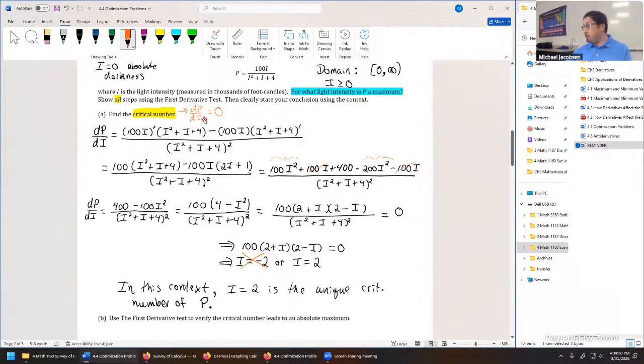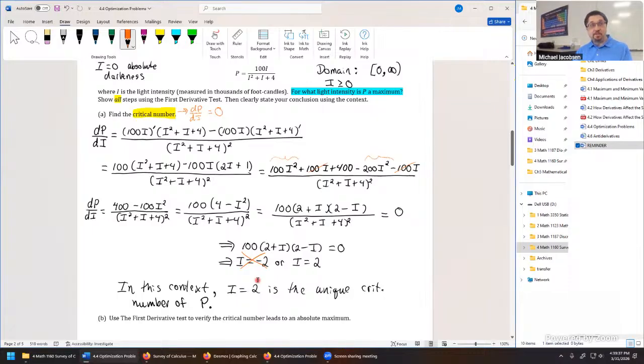We set the numerator to 0. That's this line. Then once the numerator is set to 0, we observe there's two solutions, -2 or +2. But we eliminate the negative since in this context, light intensity has to be positive. 0 is total darkness. Phytoplankton is dying. At higher and higher light intensities, we're just cooking it. But 2 is the critical number.